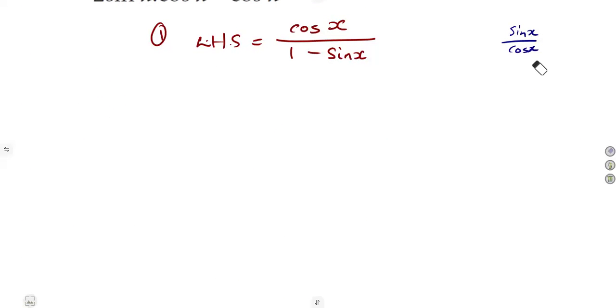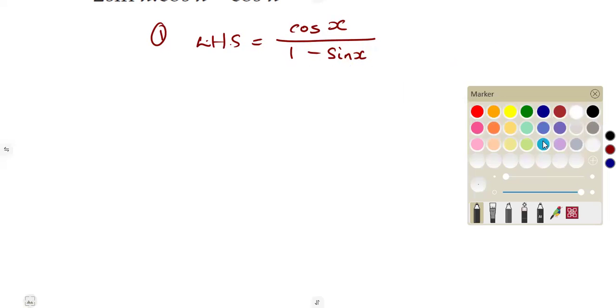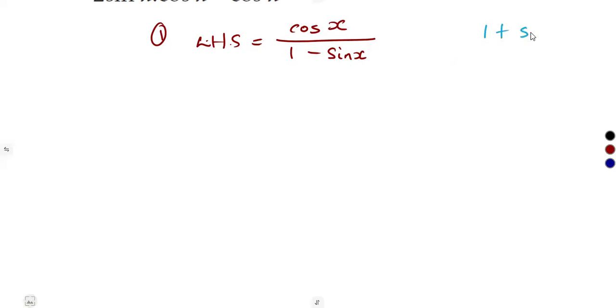So looking into this part, let's check the denominator. There is 1 minus sine x. So once you see this condition, guys, whether it is 1 plus sine of x, 1 minus sine of x, 1 plus cos of x, or 1 minus cos of x, when you see this in the denominator or in the numerator, on a condition that you can't even use the tan or any other identity, this is what you do.